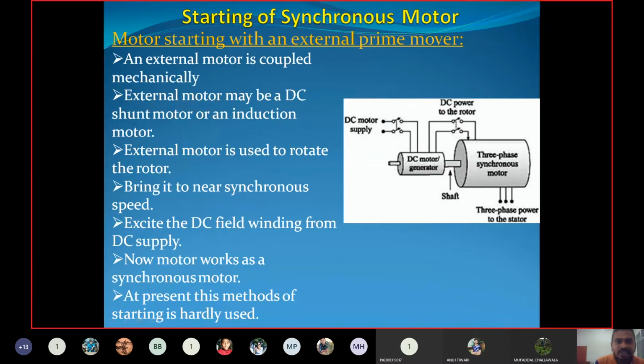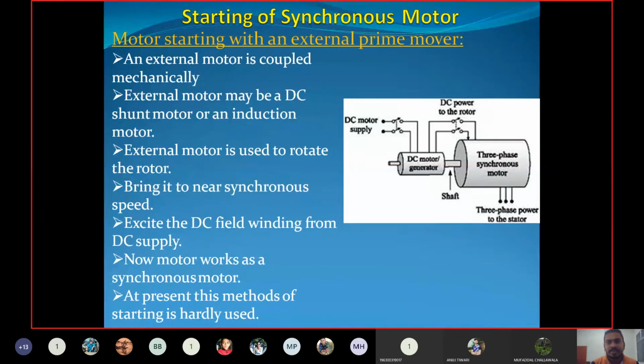As an external prime mover we can use a DC motor or an induction motor, but the motor we use must have a speed nearly equal to the synchronous speed of the synchronous motor.